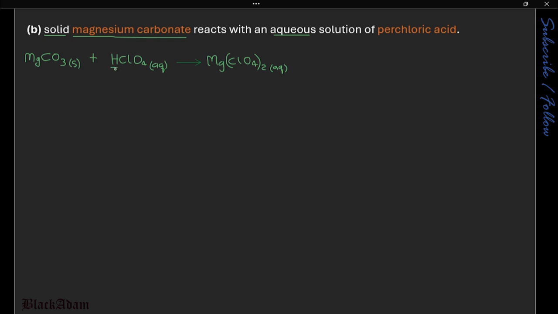And then we have hydrogen and carbonate. That's interesting, because the H will react with one of the O's there, giving water, which is liquid. Then we have carbon dioxide left, which will be gas.